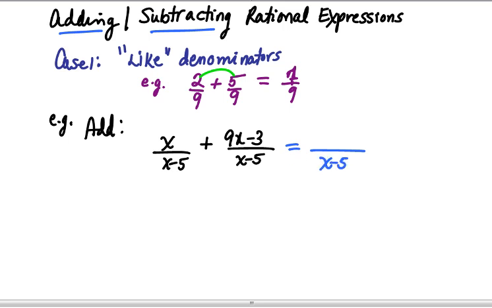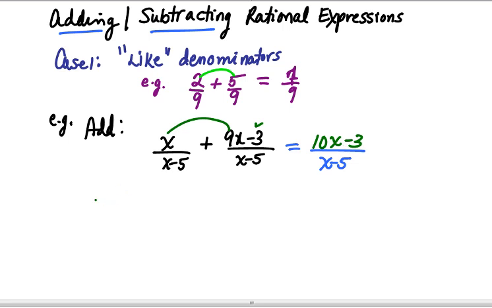So I'm going to put the x minus 5, and because they're the same denominator, we just combine the numerators. We combine like terms. 9x and x is 10x and negative 3. So the fraction we get is quantity 10x minus 3 over x minus 5.